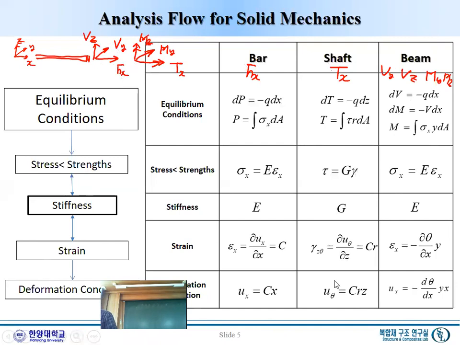As you can see here, this Vx is causing some moment z, and Vy is causing moment y. So they are related, which makes the beam a little more complicated than other structures. So the beam is so important for two more reasons.